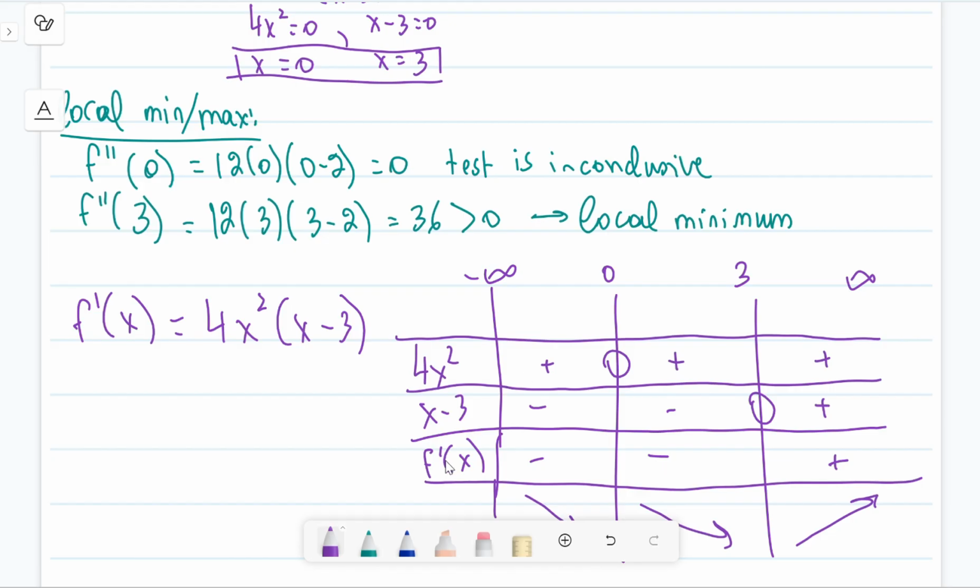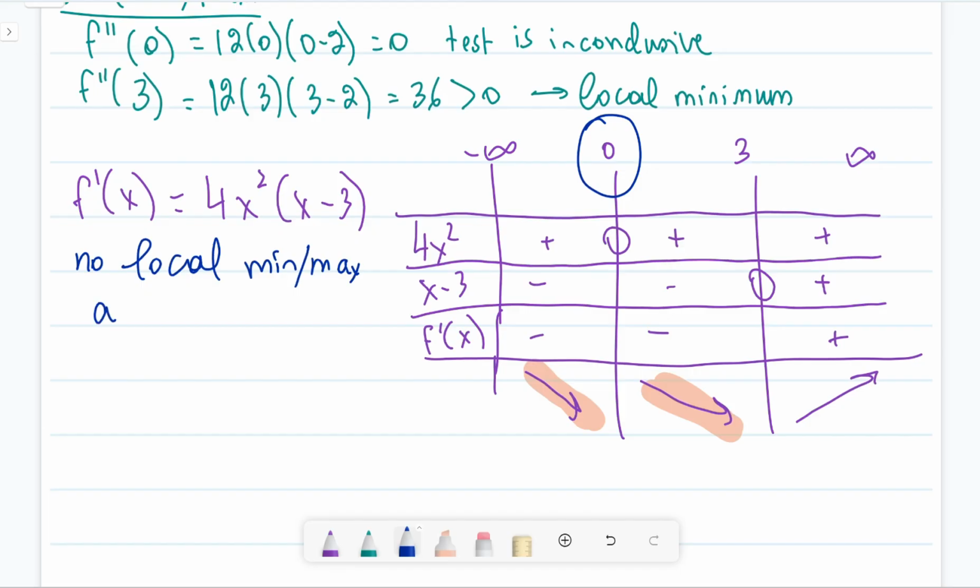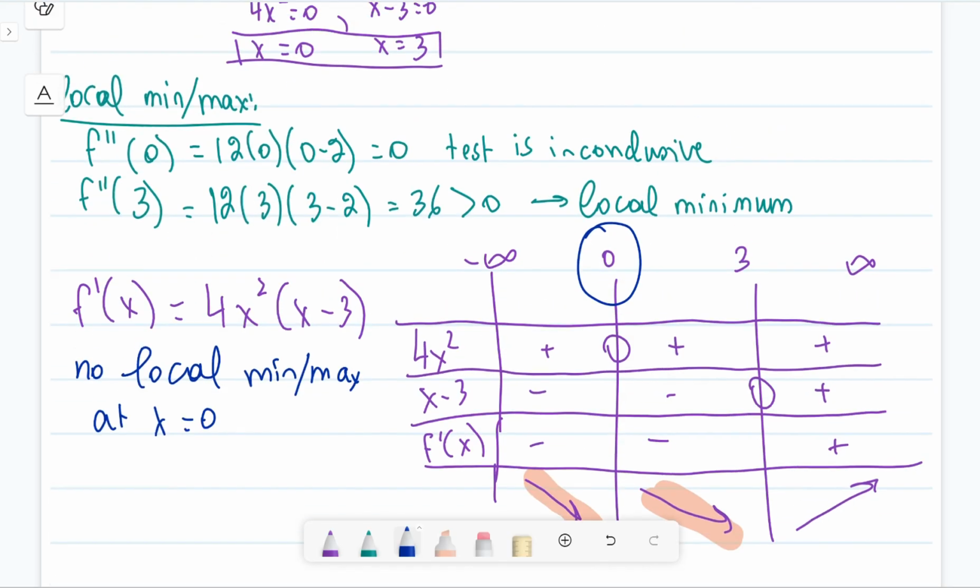So the first derivative is negative on the first interval, negative also on the second interval, and positive from 3 up to infinity. Therefore, it's decreasing, decreasing, and then increasing. It does not flip at x equals 0, so we do not have a local minimum or maximum. So no local min or max at x equals 0.